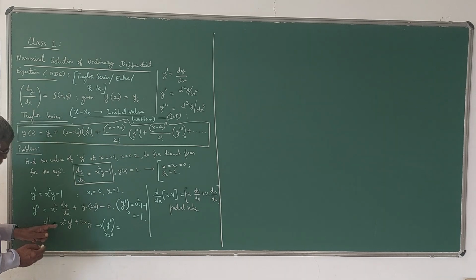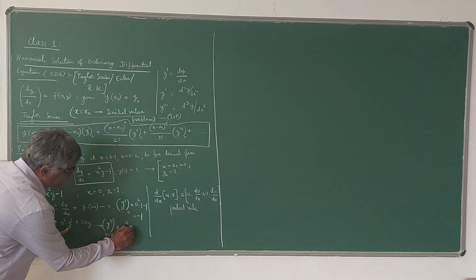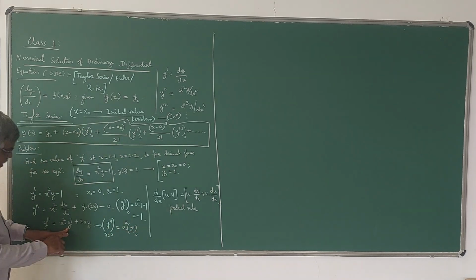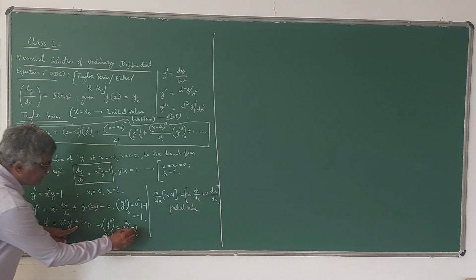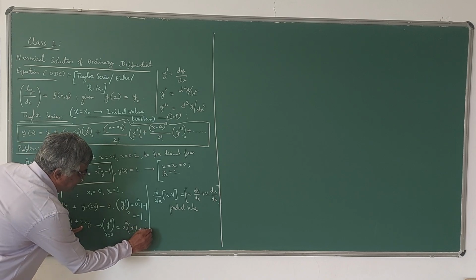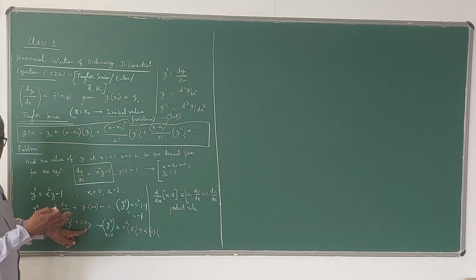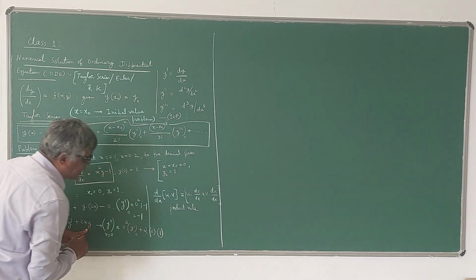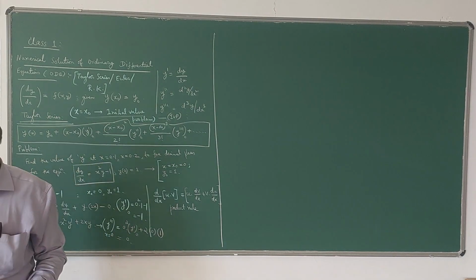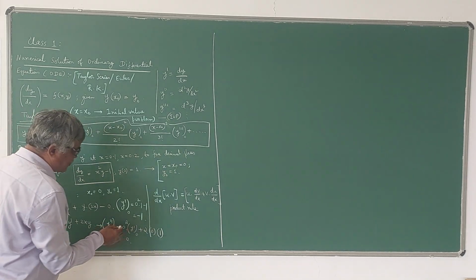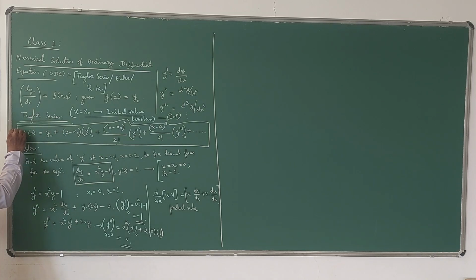So here x square means it is 0 square into y dash naught, because I have to substitute the value of y dash at x is equal to 0, plus 2 times x is once again 0, y at x is equal to x naught, that is at x is equal to 0 is 1. We have given that. Now this value becomes 0. Y double dash naught becomes 0. So I need these values, this minus 1 value and this value, because I have to substitute this in this Taylor series.